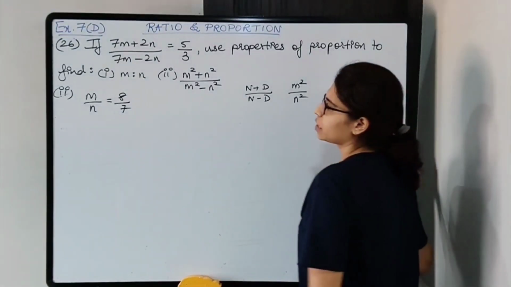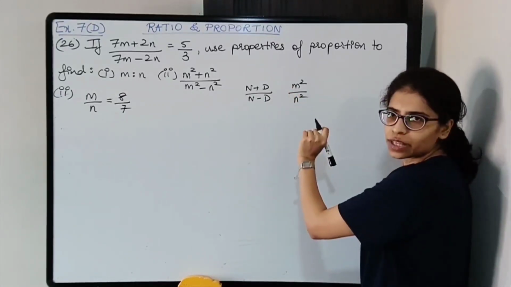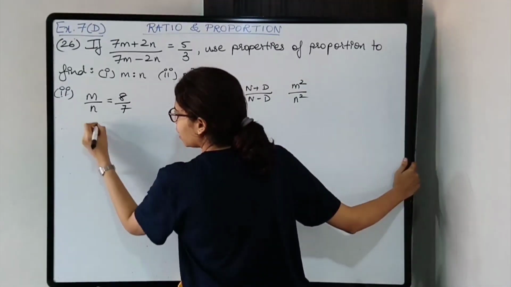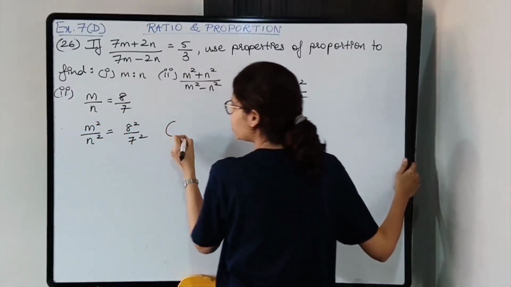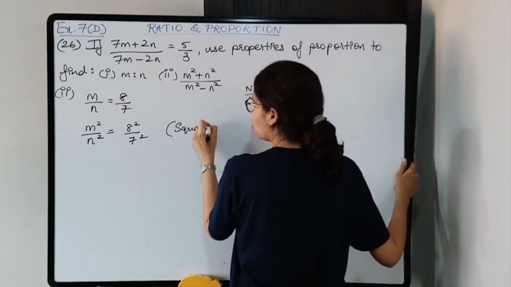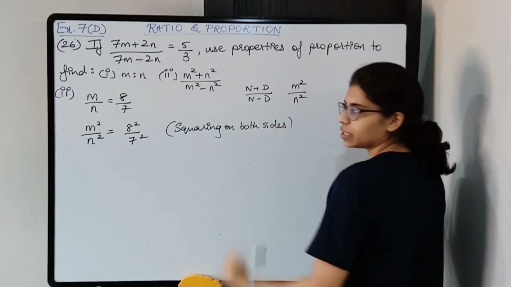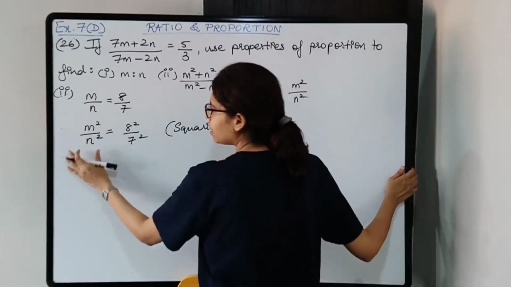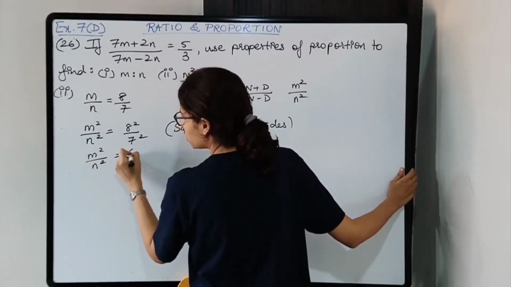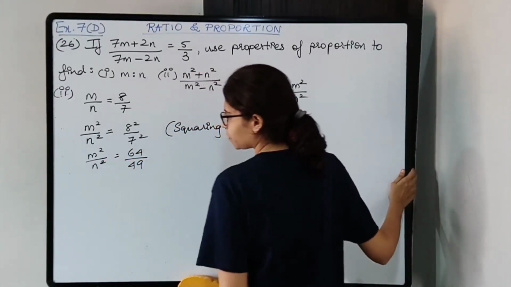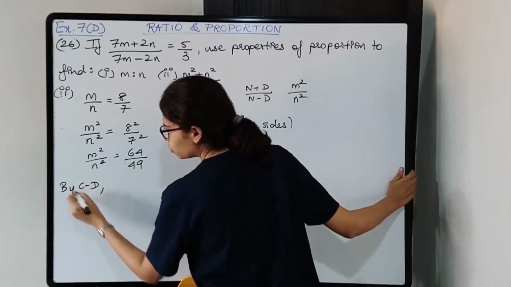So let's solve. So we know m upon n is equal to 8/7, we need to find m square upon n square, so m square upon n square is equal to 8 square upon 7 square. You have to give the reason, squaring on both the sides. So when you square, entire LHS gets squared, entire RHS gets squared, so m square upon n square is equal to 64/49. Now applying componendo dividendo. By componendo and dividendo, you will write down the full thing.